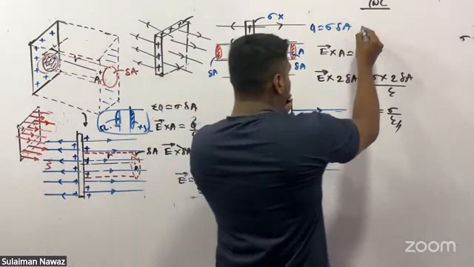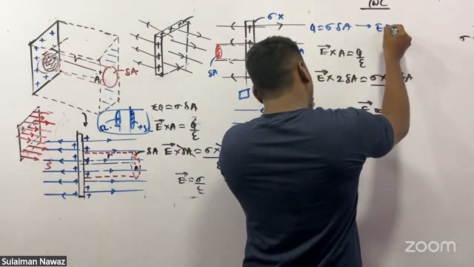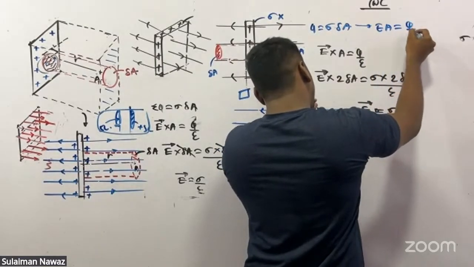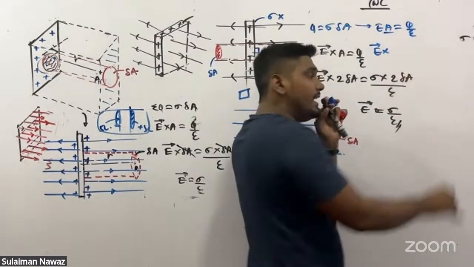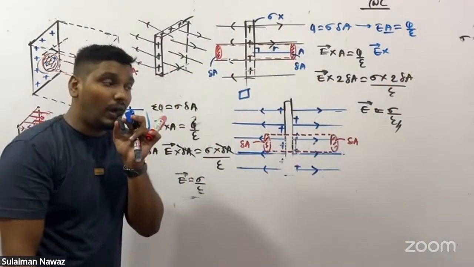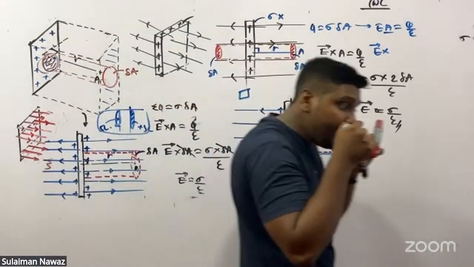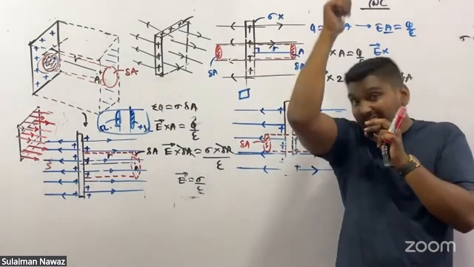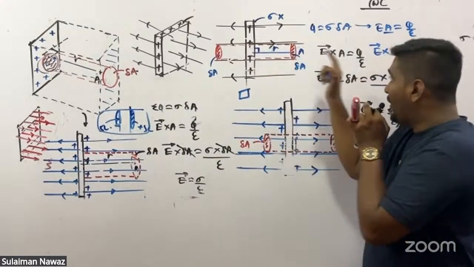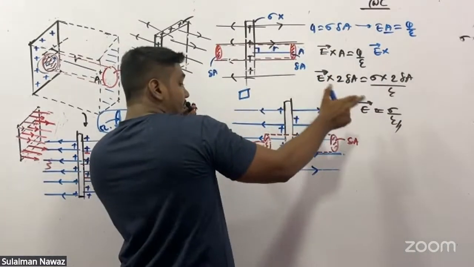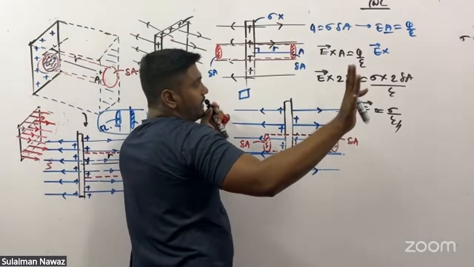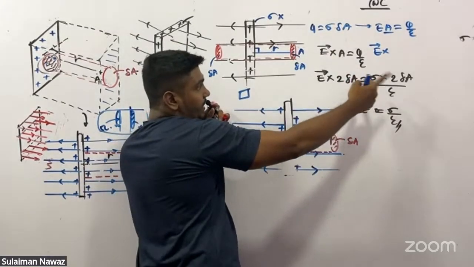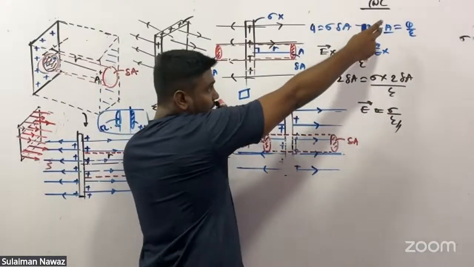Then when you apply the equation, intensity into area must be equal to Q over epsilon. Now the area means the total area perpendicular to the electric field lines that belong to that charge. Remember, capital A here means the Gaussian area.